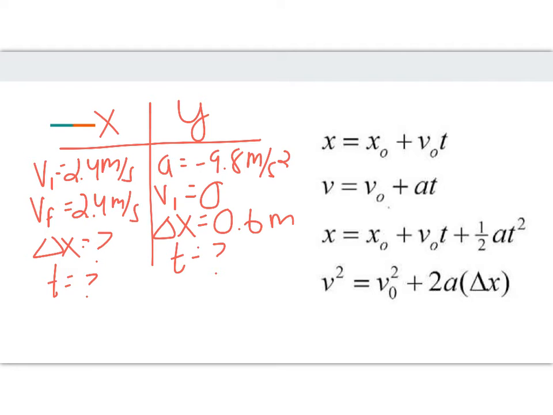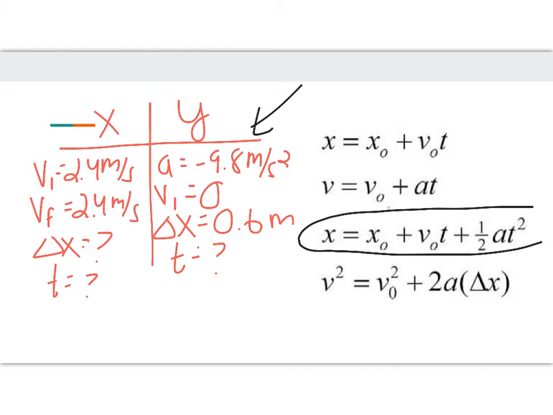My next step is to figure out which equation I need to use, okay? Now, I have three variables in my y direction, so I need to find an equation for this. Let's take a look. Which equation should I use? Well, I would use this equation so I can plug in and solve for t.